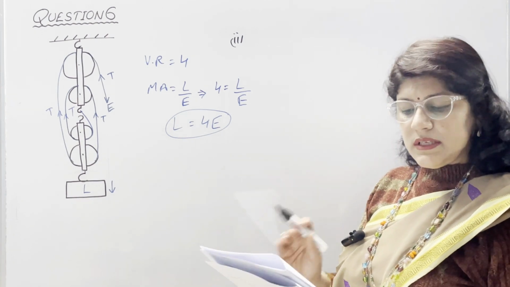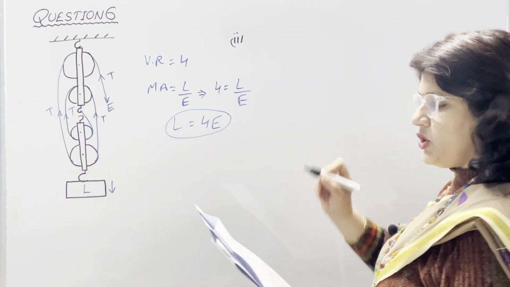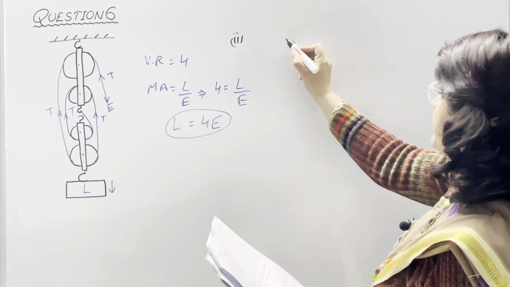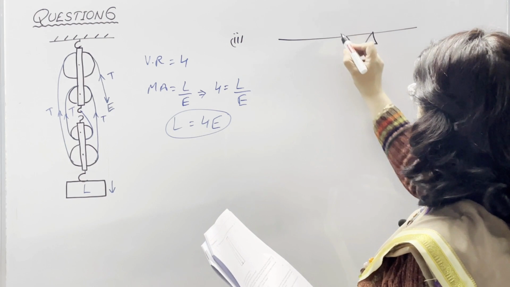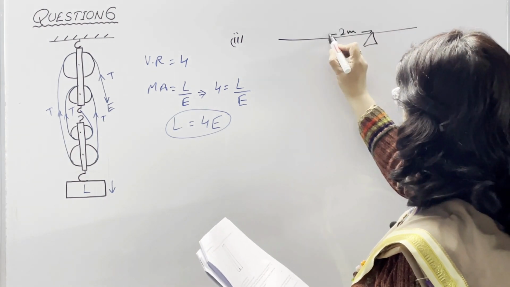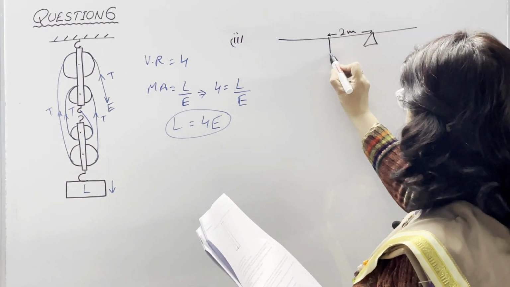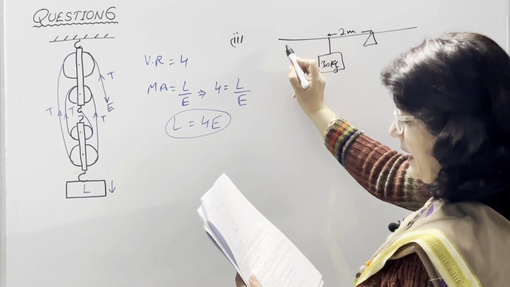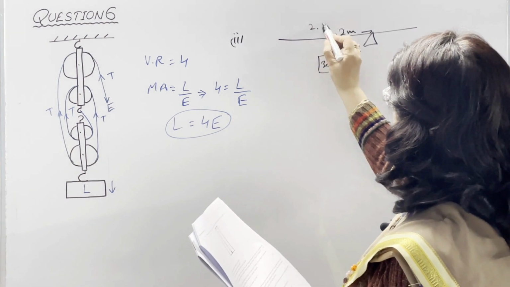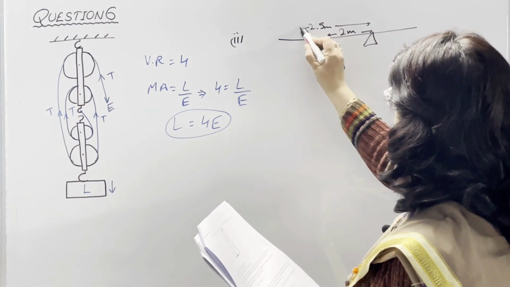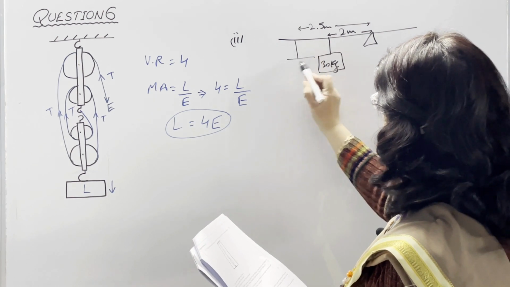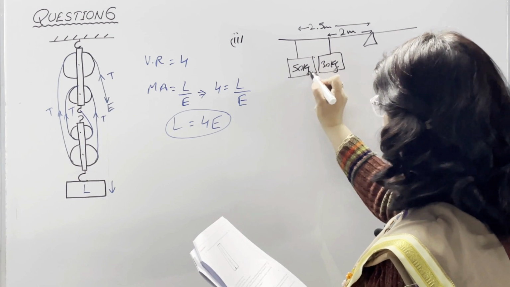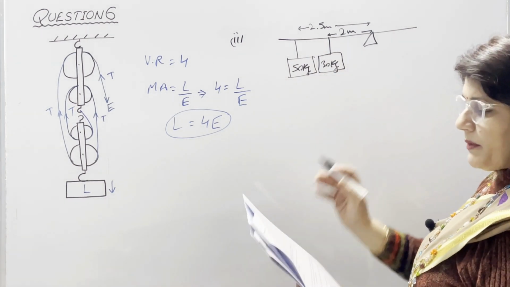In part number 2, on a seesaw, 2 children of masses 30 kg and 50 kg are sitting on one side of it at a distance 2 meter. So this is our fulcrum. This is the distance of 2 meter. First child of mass 30 kg is sitting, and then at a distance of 2.5 meter another child of weight 50 kg is sitting, respectively from its middle.